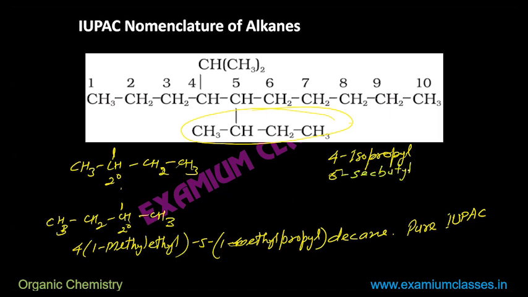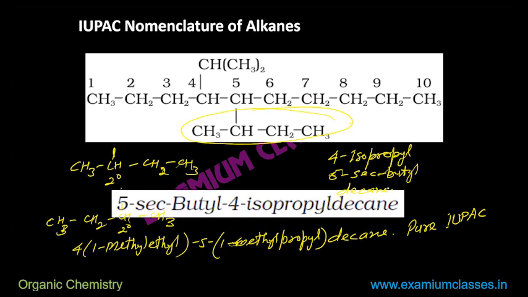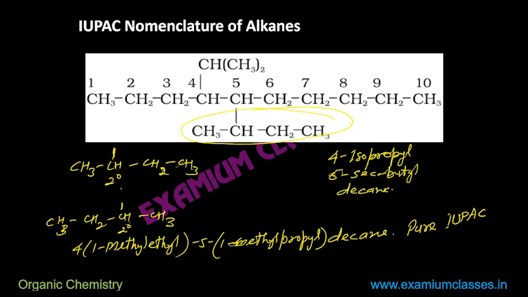So write it. On the 5th carbon I have sec-butyl. After sec I can have a hyphen also. Similarly after iso also. Okay? And then the main chain decane. And if I write it now in alphabetical order, then there is something: iso and sec are actually names. So 4 isopropyl and 5 sec-butyl.